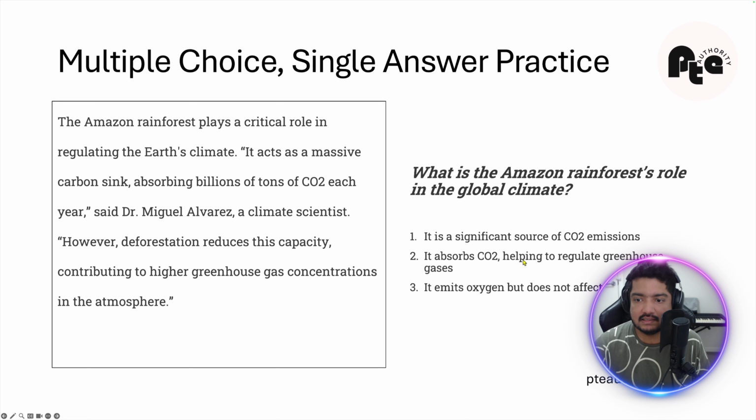And option 3, it emits oxygen but does not affect CO2 levels. That is incorrect. By absorbing massive amounts of carbon each year, it's going to reduce the concentration of CO2 in the atmosphere. So option 3 is incorrect. I'm going to go with option 2 as the right answer.